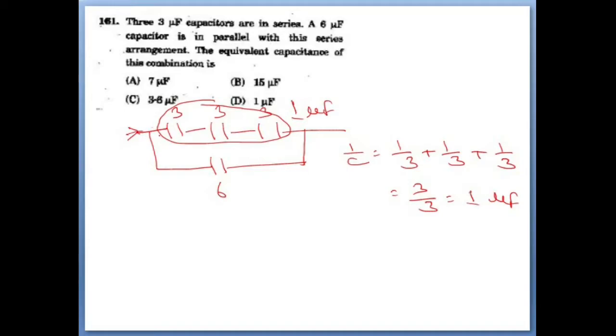Why? Current will be divided, some current will go in this, some in this. Current division means parallel. In the question also they have written that 6 is in parallel. So in parallel combination, C is equal to 6 plus 1, 7 microfarad. So the answer will be A.